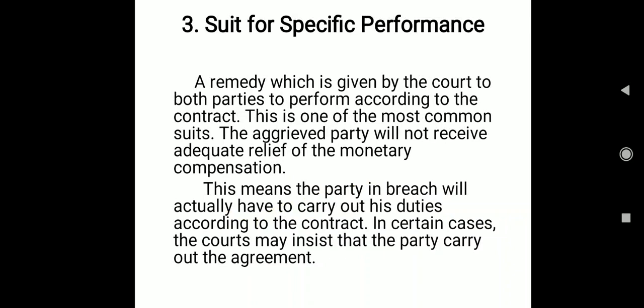It again depends upon the subject matter and the terms and conditions. Clear? And here the party will not receive adequate relief of monetary compensation. Okay, so the court will arrange that it's better to perform the obligations.